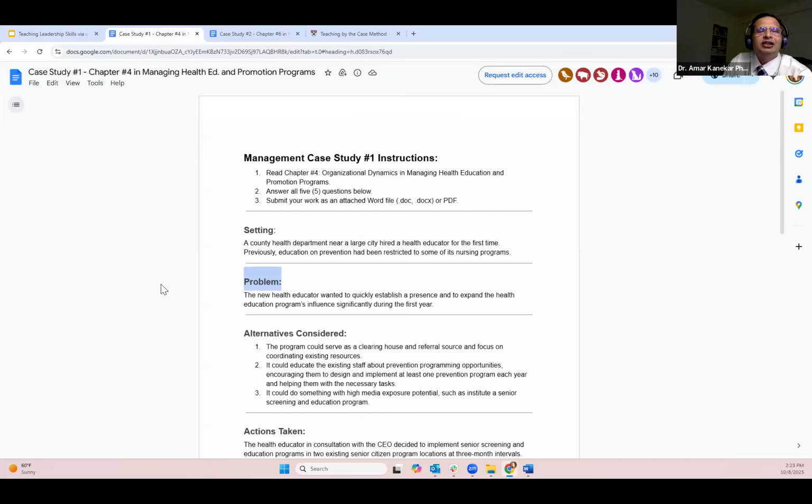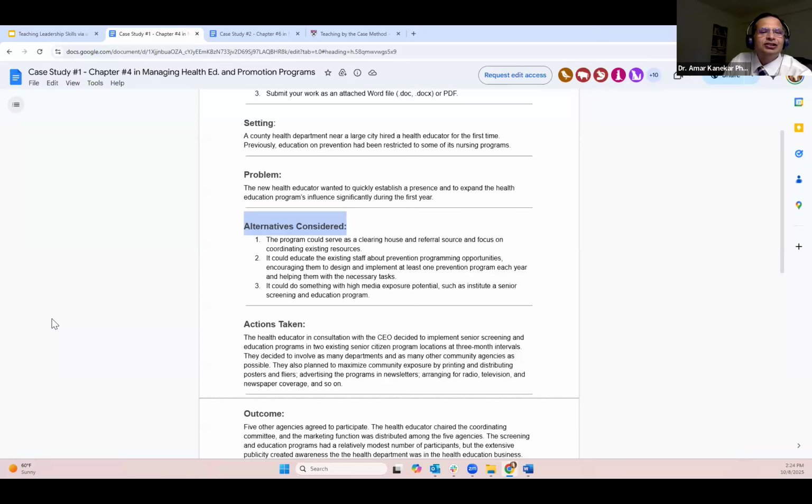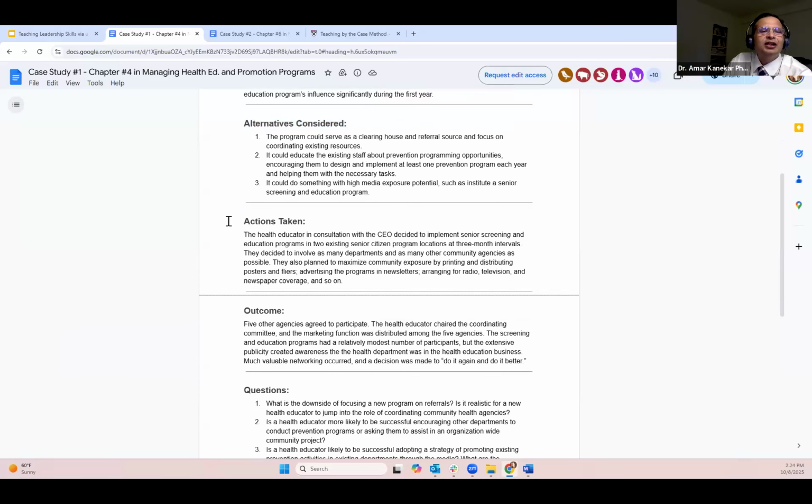It also gives some alternatives considered. Some of the alternatives which students can consider are these, and you can read those, and the actions taken are mentioned by the health educator in consultation with the CEO, and it also talks about the outcome.